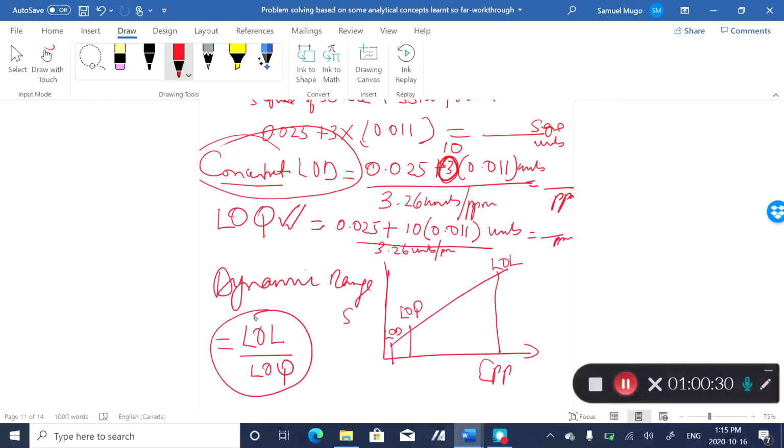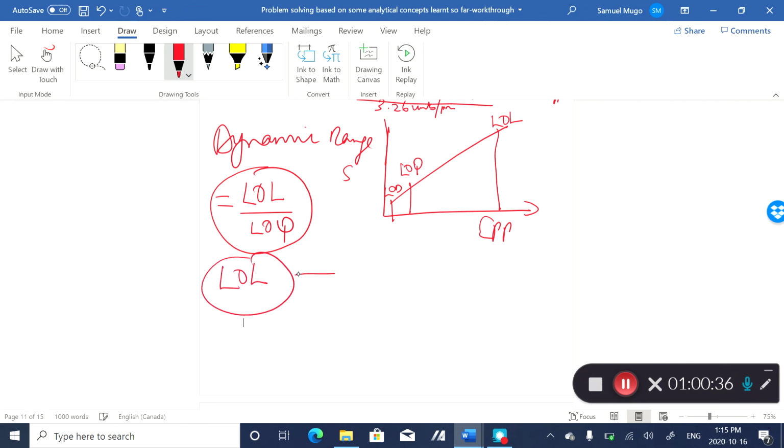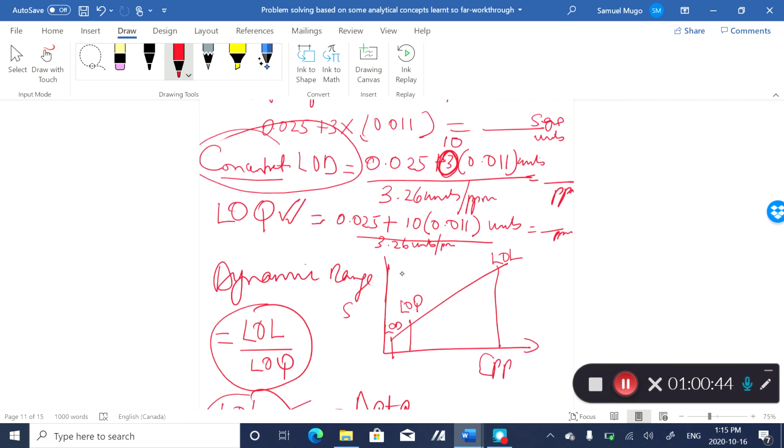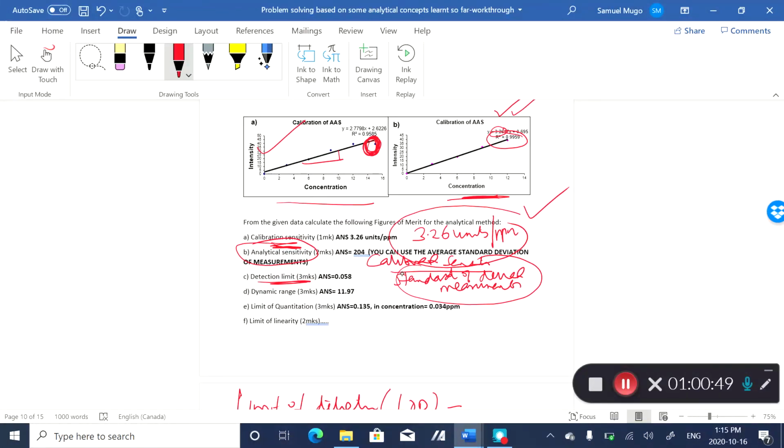Okay. And so the question is, how do you calculate the limit of linearity? You just look at it right from the table, right from the data. So you can see the limit of linearity in this case is going to be this guy. The 12 is the last data point where you're getting a good linear relationship.